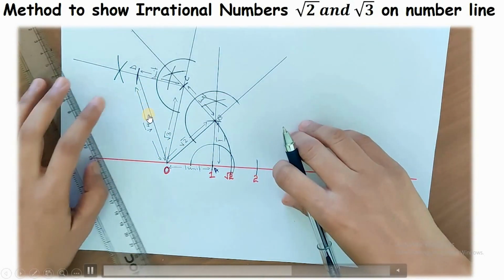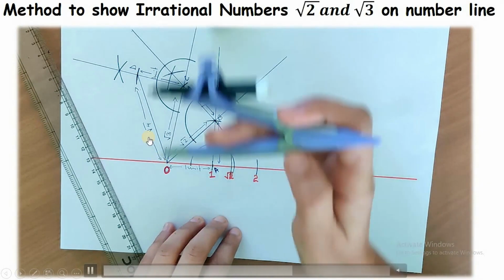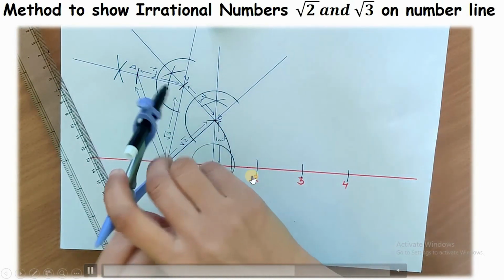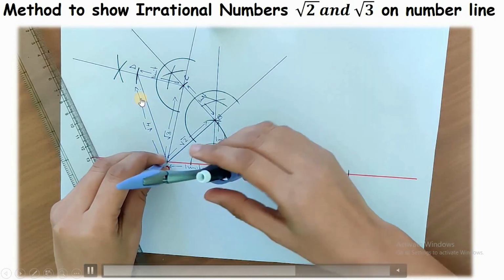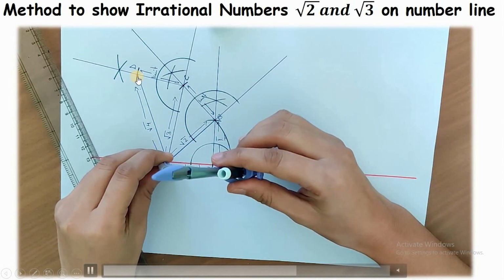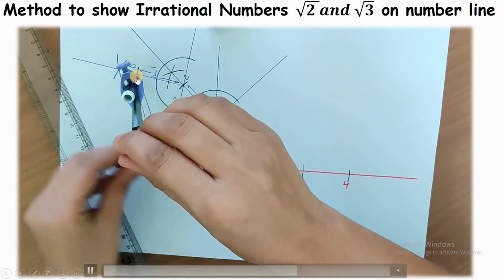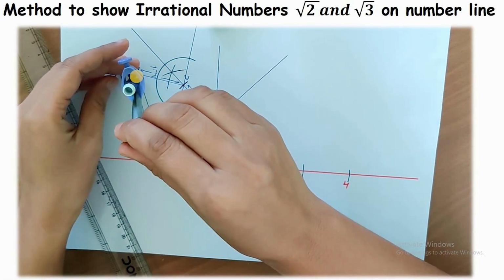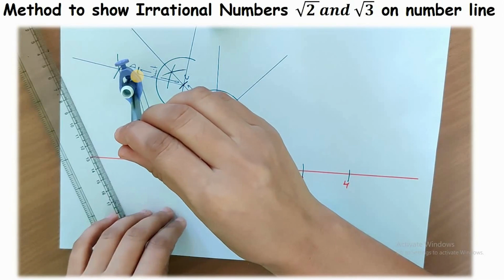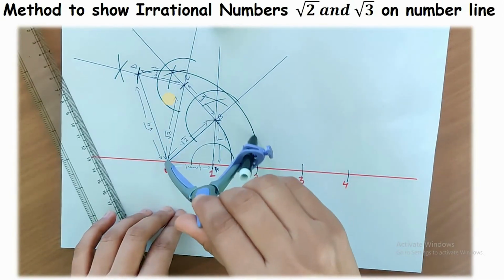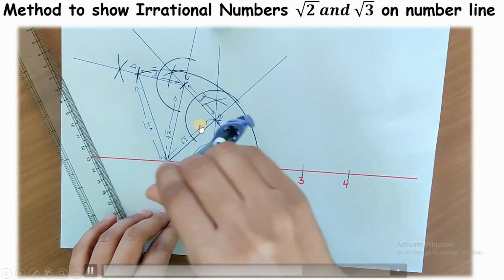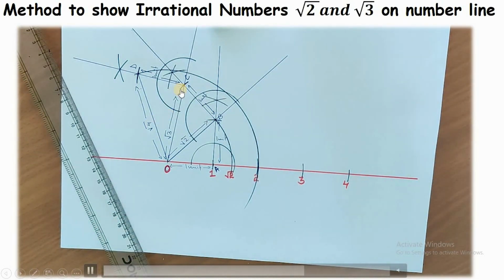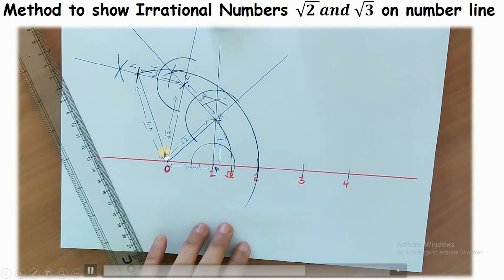Therefore OD is square root of 4. So this length should pass through 2 on the number line, isn't it? So we'll see whether it's passing through 2 or not. Measure this OD with the help of compass and draw an arc. Now here you see that it passes through 2. Therefore our construction is correct.